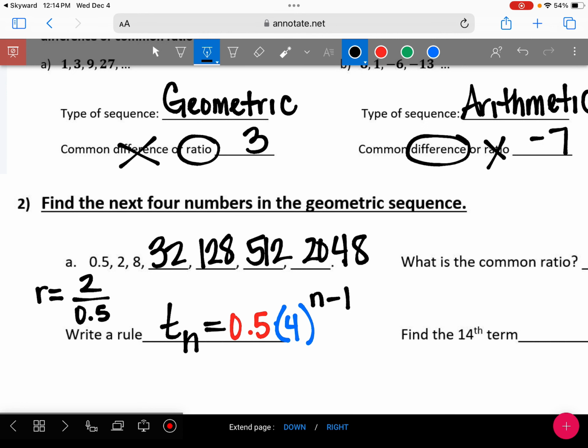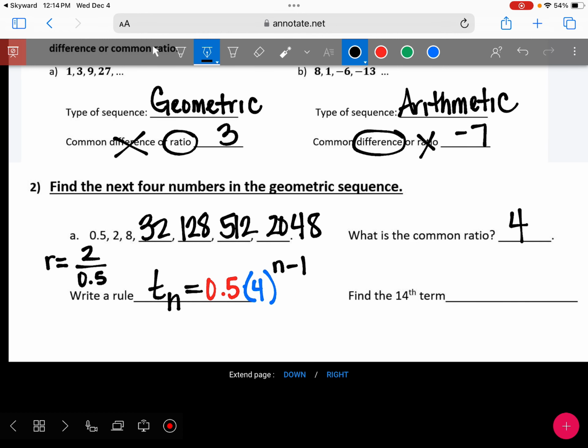So we're going to get a pretty big number. But using this rule, find the 14th term. So it would be 0.5 times 4, and then it would be to the power of 14 minus 1, which hopefully is actually a number that we can, it might put it in scientific notation.